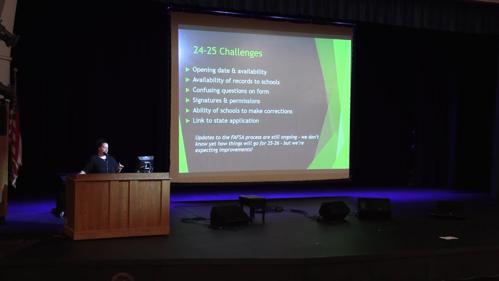The way that question is worded, a lot of students were answering yes to not being able to provide parental information, and mostly they were answering yes to that because their parent wasn't home when they were filling out the FAFSA. So there were a lot of FAFSAs across the country that had to be corrected. So that's a question to be aware of. There was a couple other questions that just the wording on them was confusing.